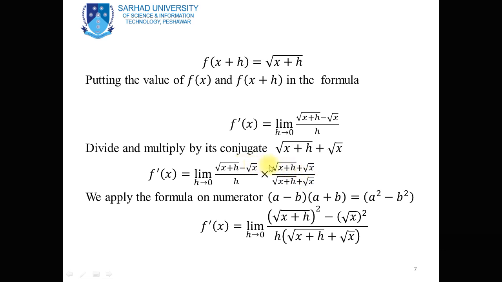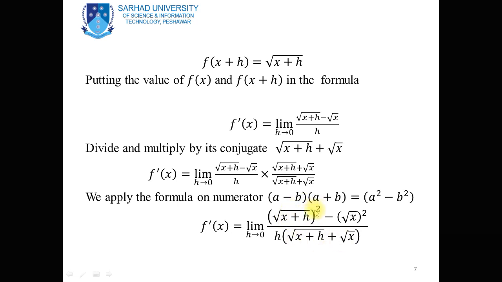Now to multiply the numerator, we use the formula a minus b into a plus b, which is equal to a square minus b square. So under root x plus h whole square minus under root x whole square, divided by the product of the denominator, which is, you see over here, h into under root x plus h plus under root x.